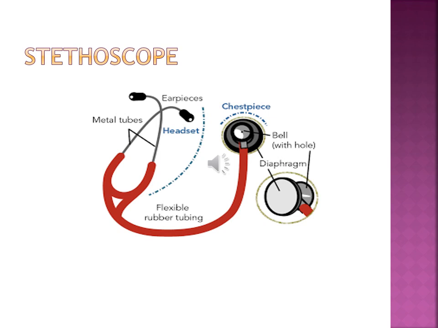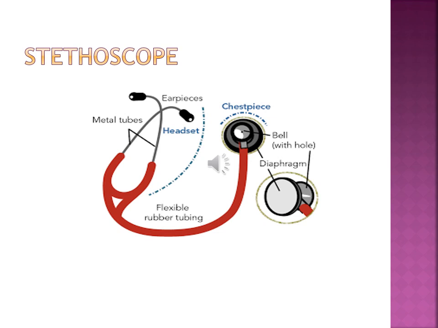He places the chest piece of the stethoscope over the heart region of our chest, and he puts the earpiece of the stethoscope in his ear. Then the diaphragm amplifies the sound of the heartbeat coming from our body.